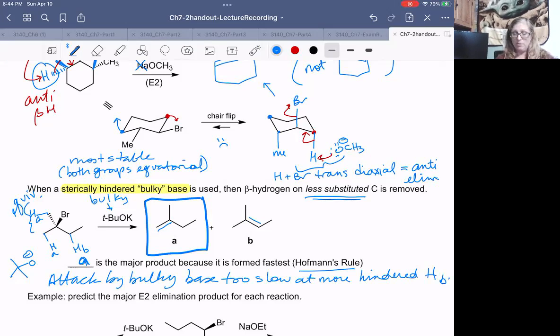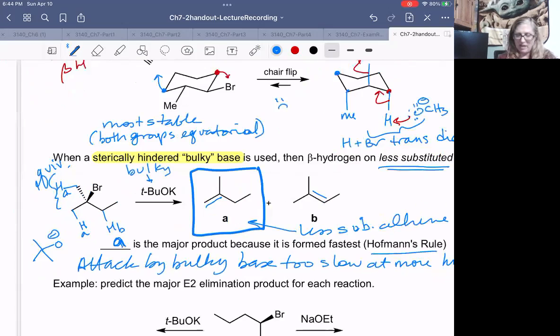So we're going to see 2 different options when we do E2 eliminations. Zaitsev's rule is kind of the normal E2 with most bases. The exception is when we use a bulky base. T-butoxide is going to be kind of our classic one for that. We get the opposite regiochemistry. We call that Hofmann elimination. We get the less substituted alkene as the major product.